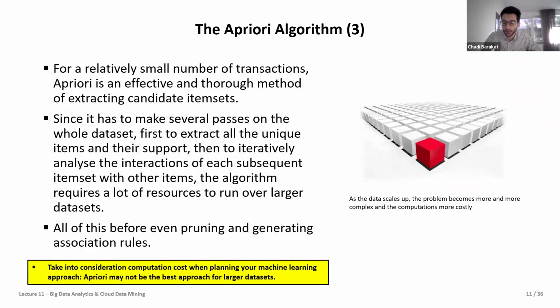But if you have large-scale transactions, where it's not just a relationship between the retailer and the customer, but more a relationship between a major retailer and smaller retailers as a provider or producer, or a major company that has more than one type of product that they develop, in this case you're dealing with billions, or much larger scale, of products being sold. And in this case, Apriori is probably not the best approach.